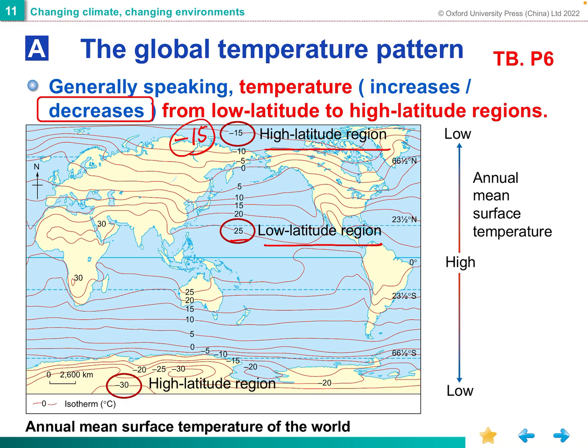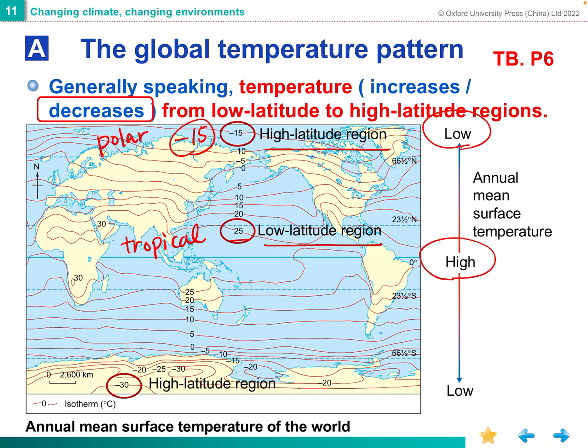So that means it also decreases from the tropical region to the polar region. The highest is the equator, the lowest is the polar region. It drops towards the pole. It drops towards the high latitude region.